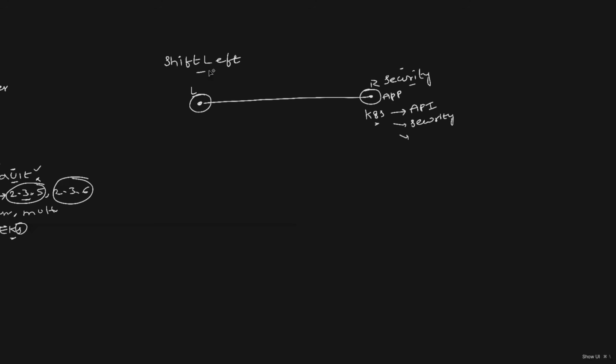The shift left principle says, just like how application development starts at the left point, just like how DevOps engineers start creating infra at the beginning of the project, just like how they create the Git repository at the beginning of the project, how they create the Kubernetes cluster here, in the same way, they should also think about security at the left. So this is called the shift right approach, the very wrong approach which was used in the past. This is called the shift left approach.